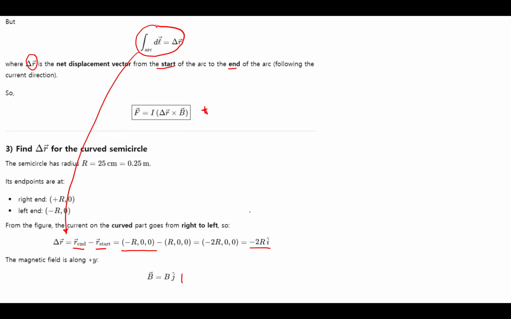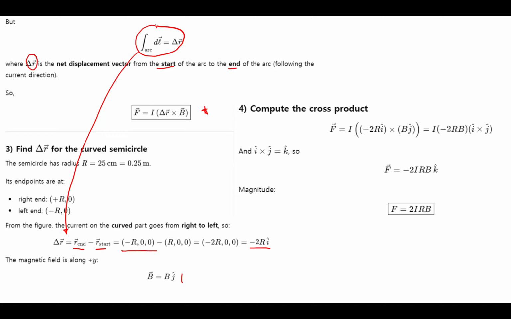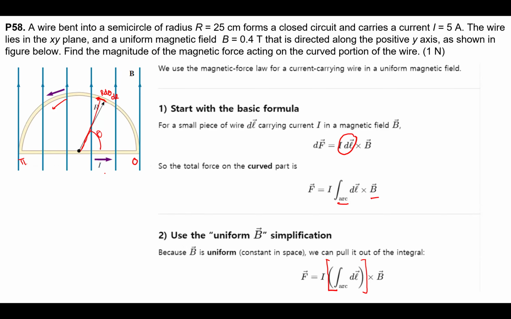Once again, if you do it, this is also the K direction, so that means it is toward you. F is 2ILB, and once again it is toward you. So the curved part is also pushing toward you, and the straight part is also pushing toward you.